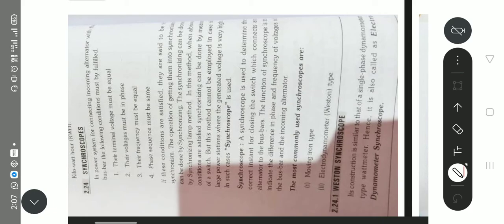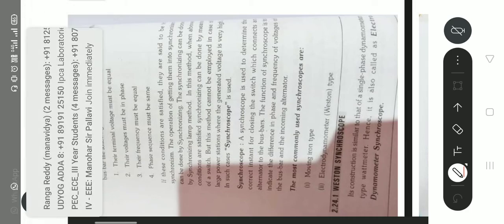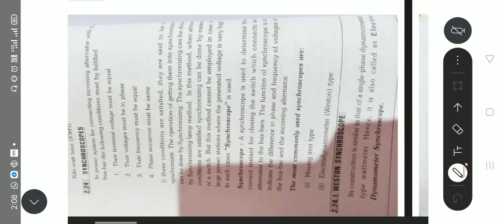In the synchronizing lamp method we use lesser power stations, but not high power stations. In large power stations we get high voltage, and we cannot maintain high voltage in the synchronizing lamp method. So we go to the synchroscope method. By using the synchroscope method, we can control the high voltage in the bus bar of the alternator.